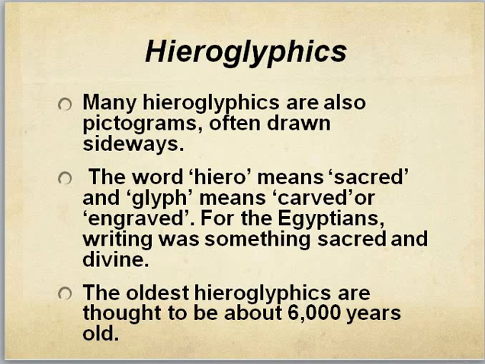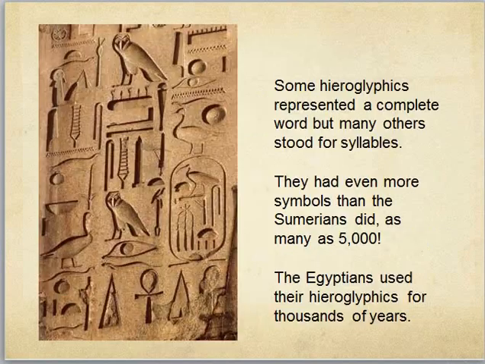Hieroglyphics are basically used for different purposes. Many hieroglyphics are also pictograms, often drawn sideways. The word hiero means sacred and glyphs means carved or engraved. For the Egyptians, writing was something sacred and divine. The oldest hieroglyphics are thought to be about 6,100 years old.